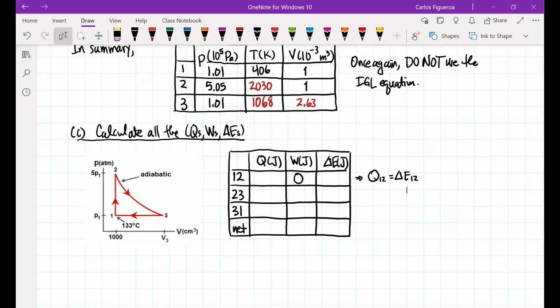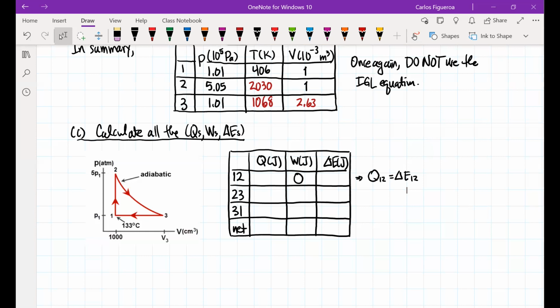Note I'm going to convert the temperatures into pressures and volumes. This should be 3/2, so it should be P1 V1 minus P3 V3. But because this is isobaric, the pressures P1 and P3 are the same. So this should be 3/2 P1 times the difference V1 minus V3. And look at that, the quantity V1 minus V3 is negative.